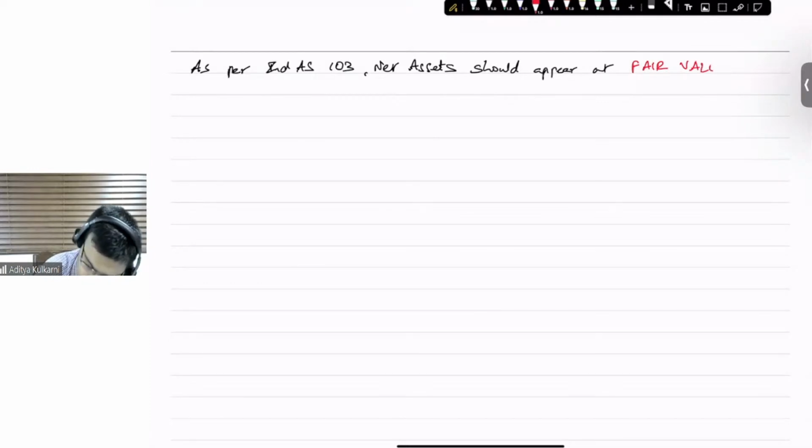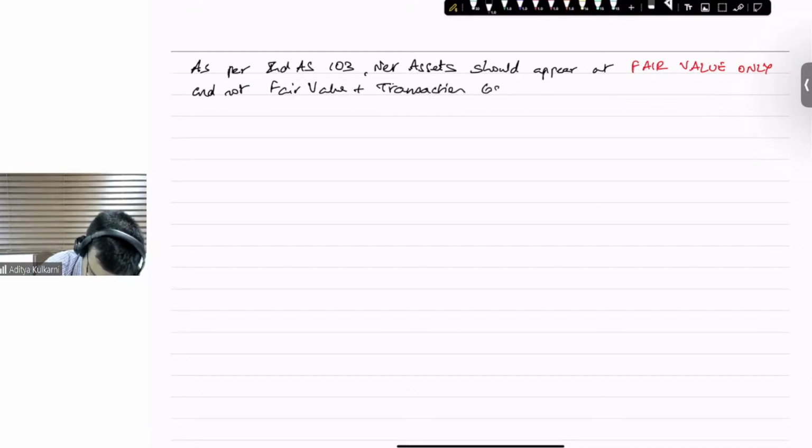As per Ind AS 103, net assets should appear at fair value only and not fair value plus transaction costs. That will not be done.